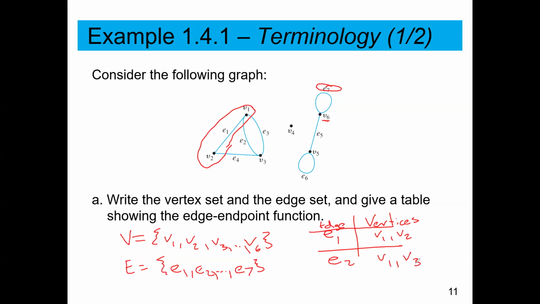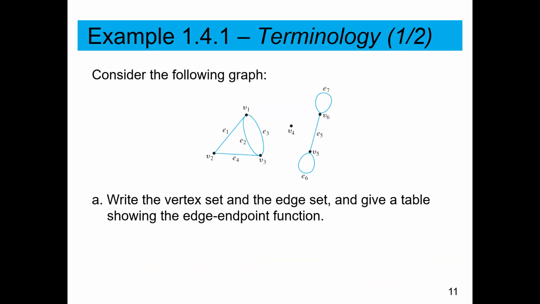And we can notice that edge 3 has the exact same incident vertices. Now, we can keep making a similar table like this. You notice when we get down to edge 6, it's got only one vertex it's incident to, V5, because it is a loop. So these will all have pairs if they're normal edges, and they will be a loop if they have one single vertex in their incident set.